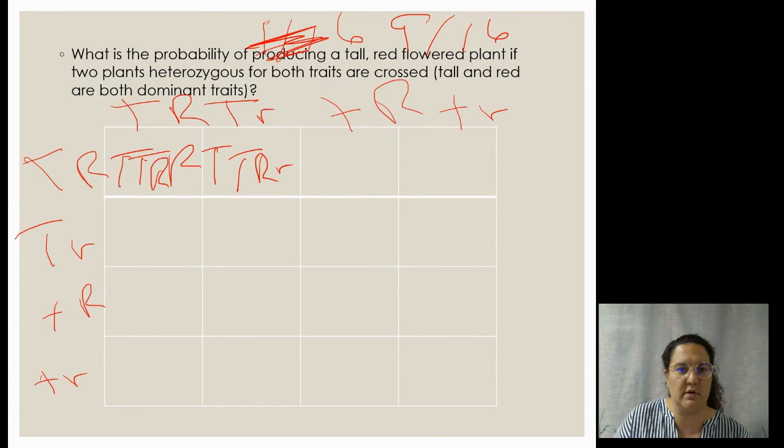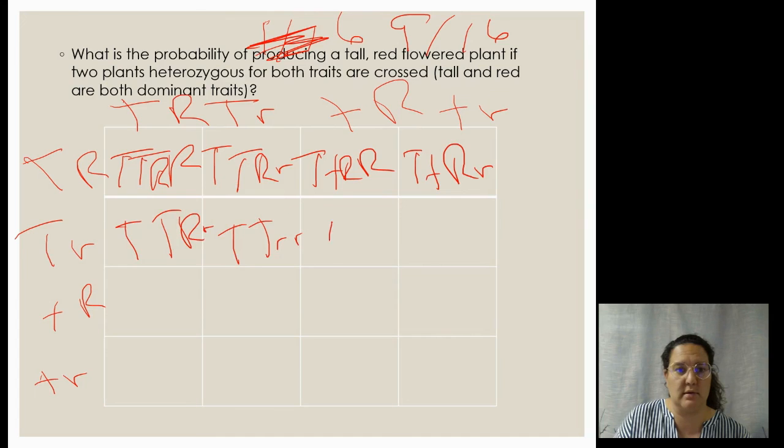This one's also tall and red flowering. So is that one. And so is that one. This one is as well. This one is not. That one is. And this one is not.